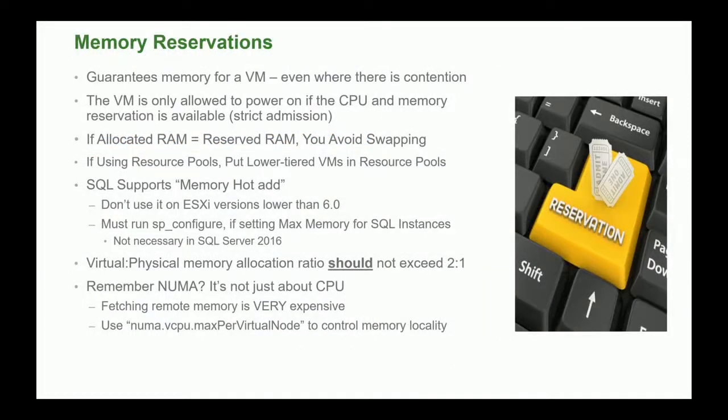And memory reservations is something you do on the vSphere side, where you basically tell vSphere, ESXi, I want my memory on that VM to be physical at all times. If you have contention, do not page my memory out or compress it or balloon it. The ballooning, by the way, is the ability for vSphere to tell the operating system to page out, so that it can use the memory without the hypervisor doing it for the operating system.